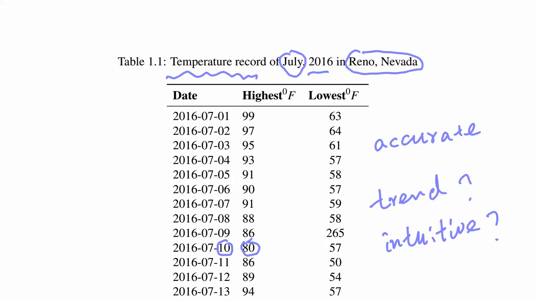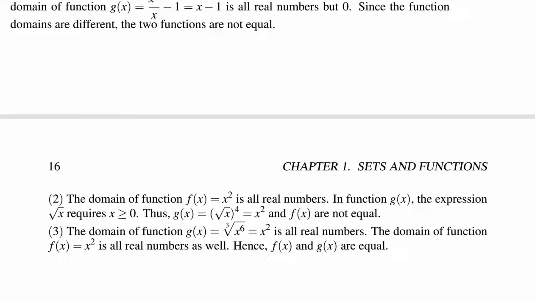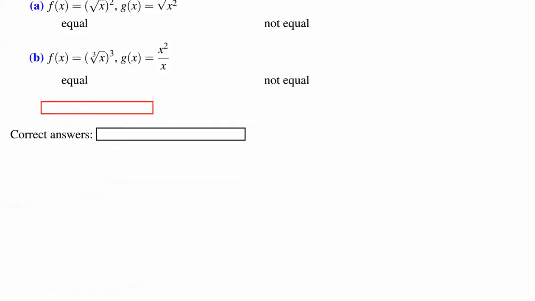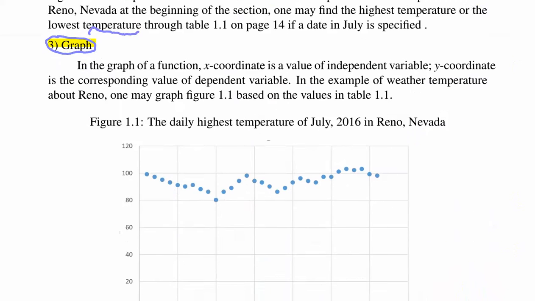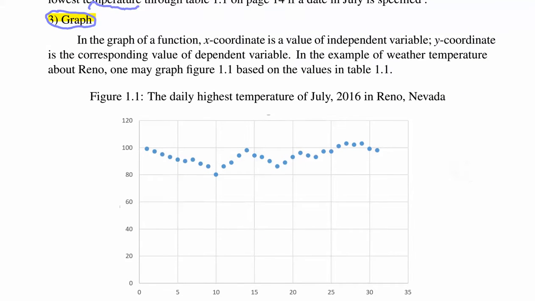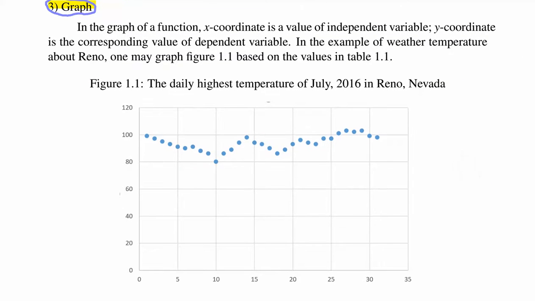Now let's look at the graph. Go down. You see down here, this is the graph we get based on the table. The previous table is the temperature record, July 2016.